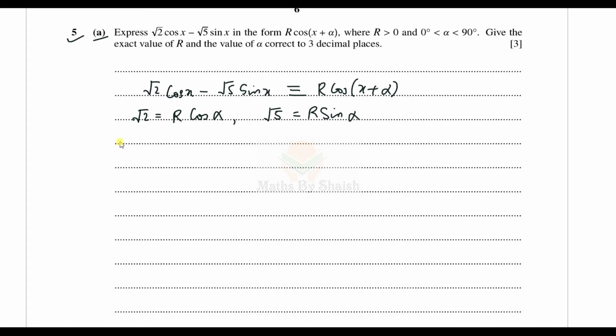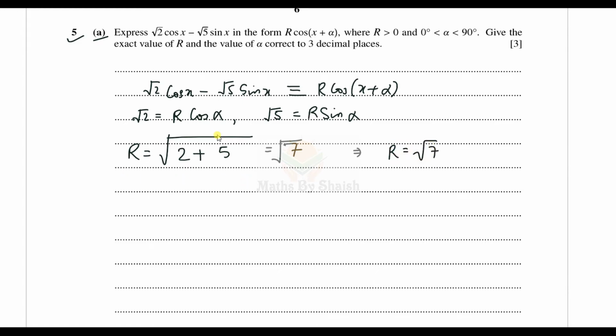From here, r is the square root of root 2 squared, that is 2, plus root 5 squared, that is 5, and hence r is equal to root 7. So we got the r value as root 7.